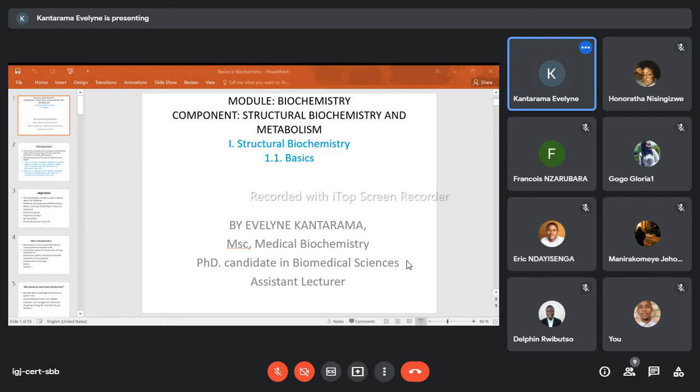This component, cell chemistry, will be based on two books, which are mainly available online. If you encounter a problem downloading, you can ask your librarian to help you. But those books are very important.